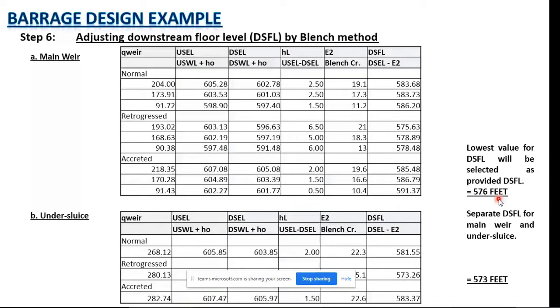The reason being, if we select the lowest value on the downstream side, the sequent depth D2 or a depth greater than D2 will be present for the rest of the cases for these discharges. Similarly, for the undersluice portion, we have to select the lowest value of downstream flow level.